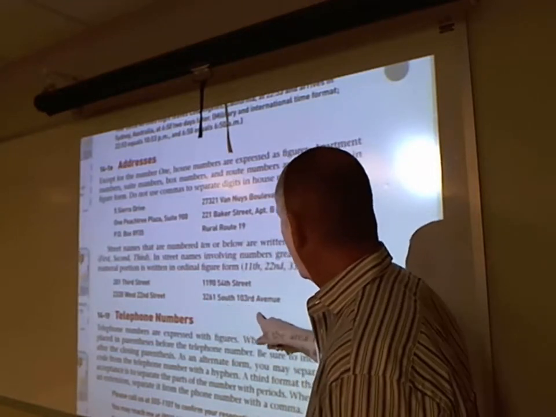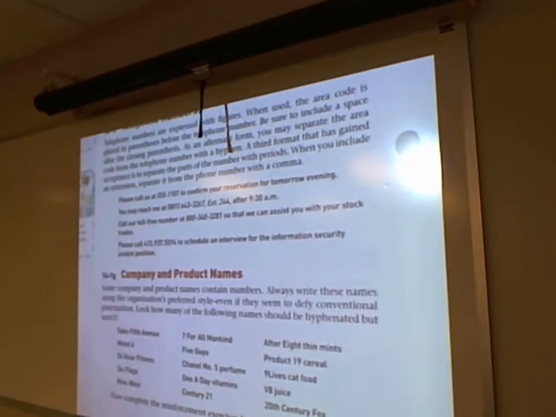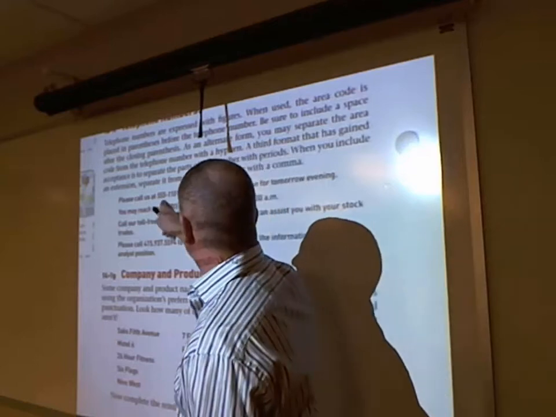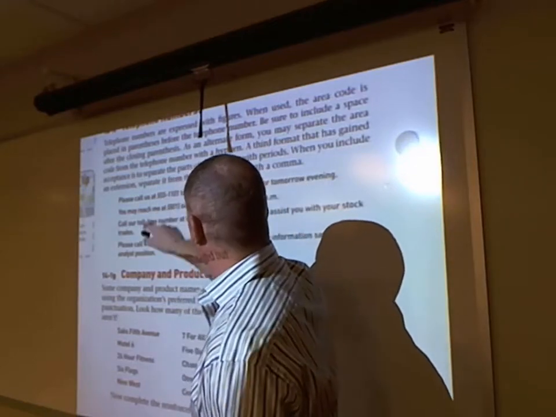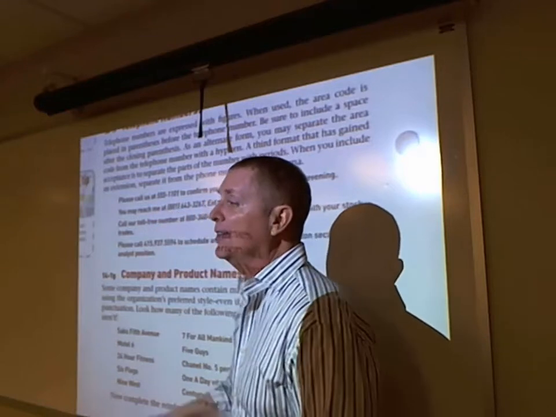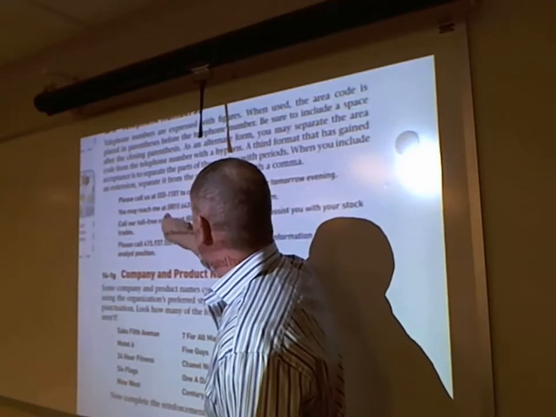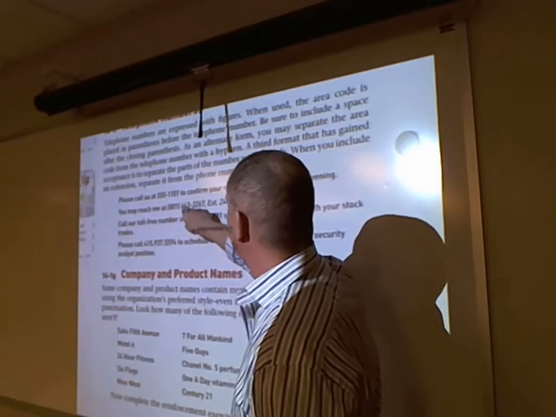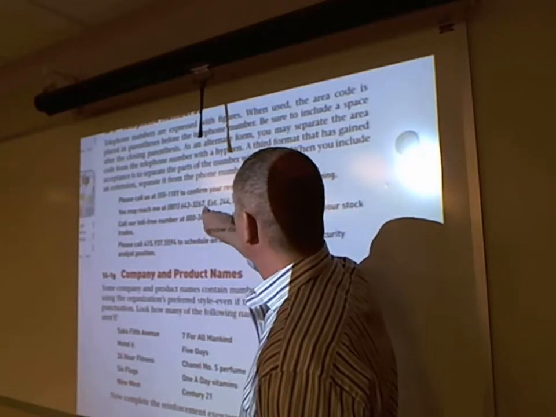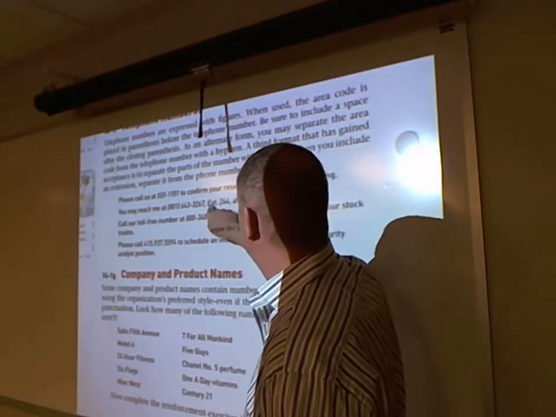Telephone numbers can be expressed multiple ways. You can hyphenate to separate the prefix from the number. This is my favorite, and my preferred method in business writing, is to place the area code in parentheses, space, and then the prefix, hyphen, number, comma, space, Extension with a capital E, period, 244. Another way is the area code or the toll-free number, 800.